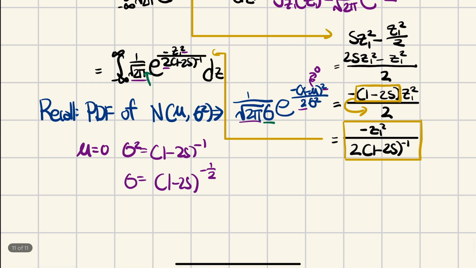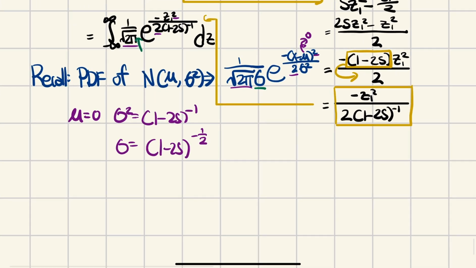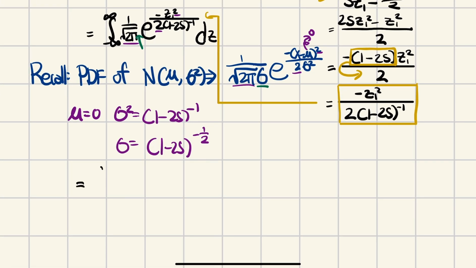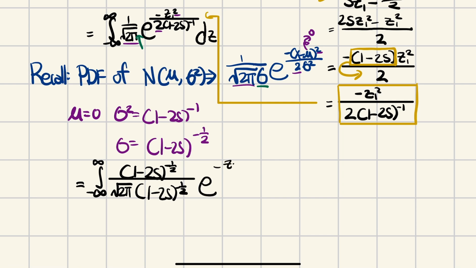So to put something in that little spot, we just multiply the numerator and denominator by the same thing. So it's basically 1 minus 2s to the negative half over root 2 pi times 1 minus 2s to the negative half. This is basically like multiplying by 1, so it doesn't really affect anything. And then we just copy down the rest.